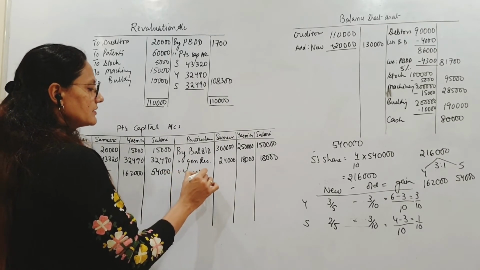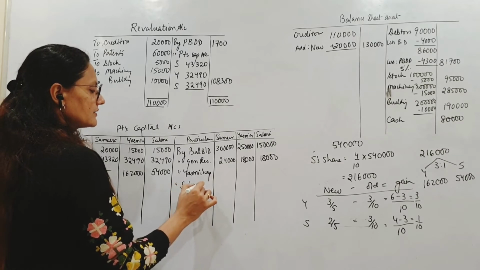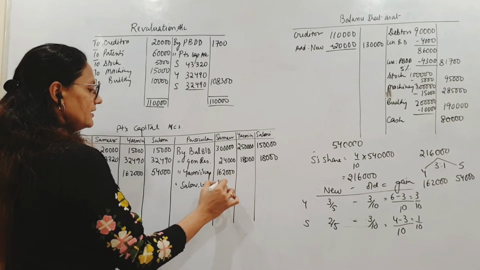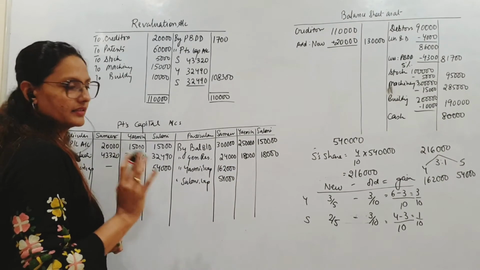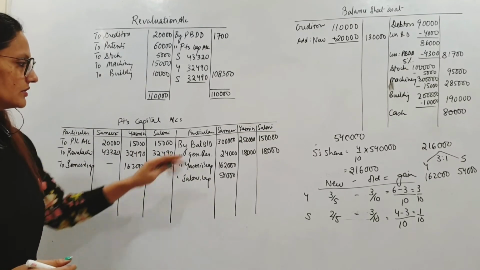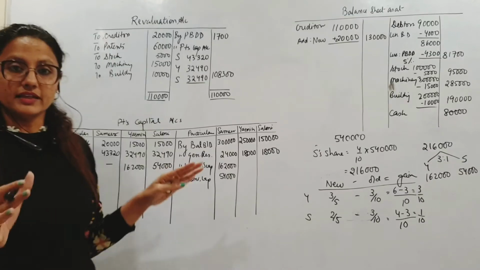By Yasmin's capital, by Saloni's capital, he is getting 1,62,000 and 54,000, a total of 2,16,000. So this is one journal entry which will come on both sides of the capital account. The retiring partner will be credited, the gaining partners debited.